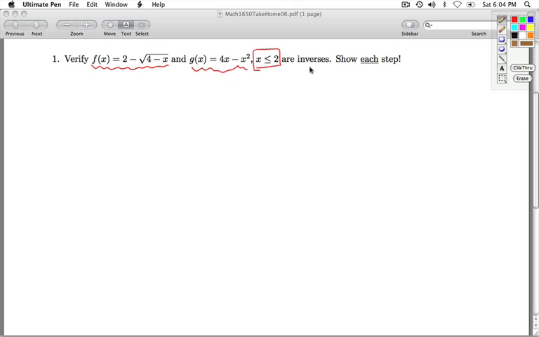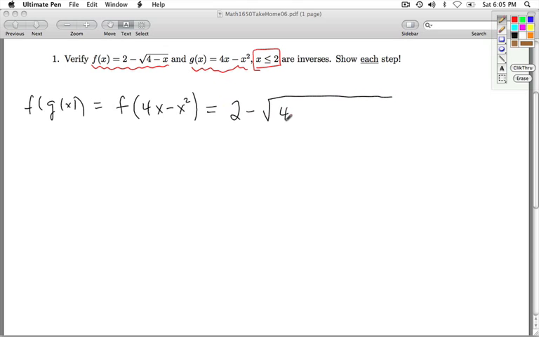To show that two functions are inverses, we can plug them into each other and we should get x out of both those compositions. So if we look at f of g of x, this is f of 4x minus x squared. So everywhere I see an x in the expression for f, I'm going to substitute the quantity 4x minus x squared. And so I get 2 minus the square root of 4 minus the quantity 4x minus x squared.